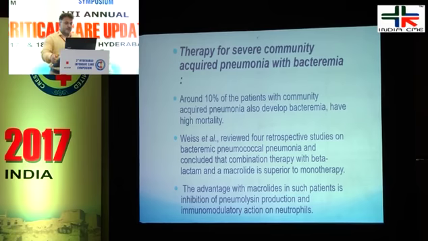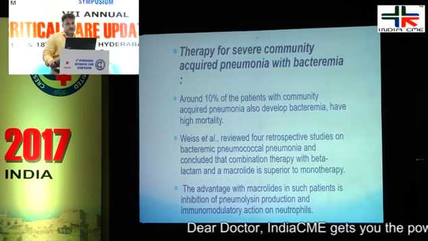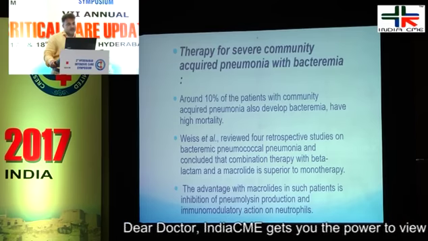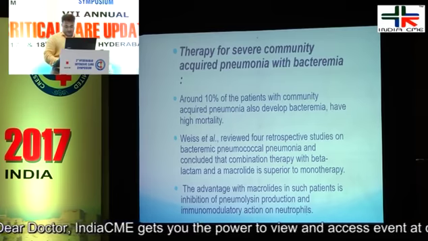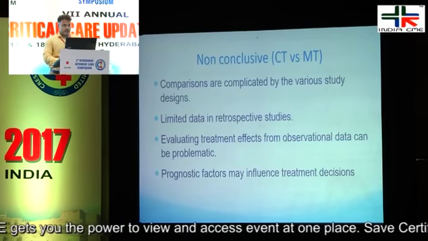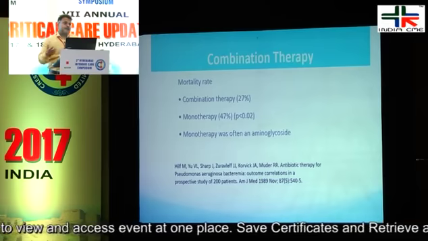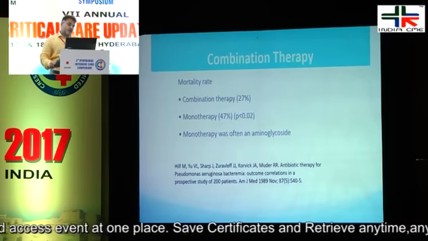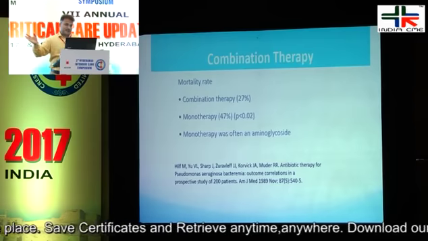A fact about community acquired pneumonia: 10% of these patients may have bacteremia, and this is because of the pneumolysin and toxin produced by the pneumococcus, and adding macrolides here is an advantage. So this thing we need to remember. Combination therapy, if I start going by data, there are some studies where they compared piperacillin-tazobactam and amikacin with amikacin.